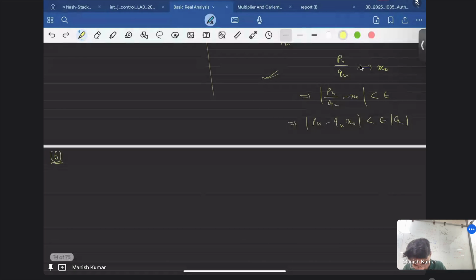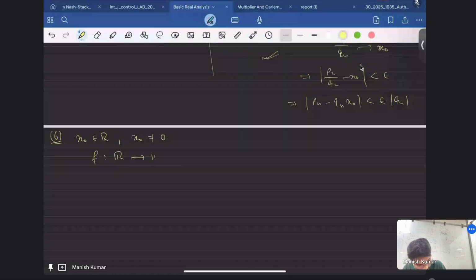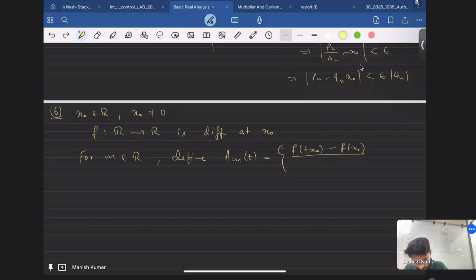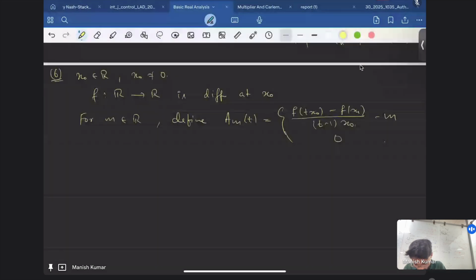For m belonging to R, you define the function a_m(t) to be (f(t x naught) minus f(x naught)) upon ((t minus 1) x naught) minus m, and then you have 0 at t equal to 1. Now the question is to show that there exists m in R such that a_m is continuous at t equal to 1.